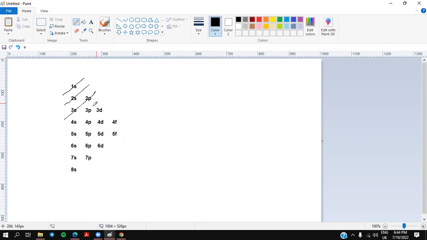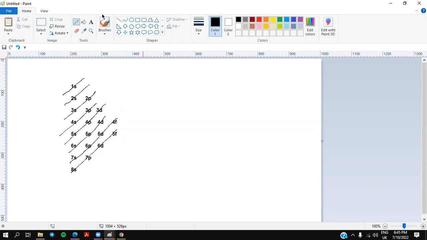See the order. 3p, 4s, 3d, 4p, 5s, 4d, 5p, 6s, 4f, 5d, 6p, 7s, and then another line over here.